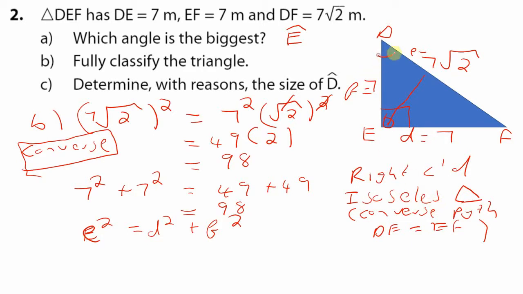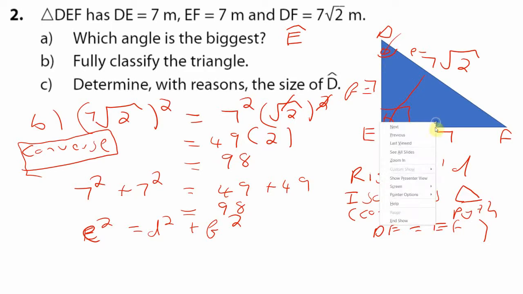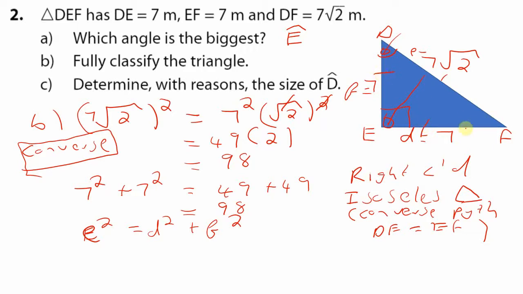Now we need to calculate with reason the size of angle D. Well, we know a triangle has 180 degrees, and we also know since side EF is equal to side DE, the angles opposite these sides have the same size. So we can say it's in fact angle X and angle X. We don't know yet what the size is, but we know they are the same.